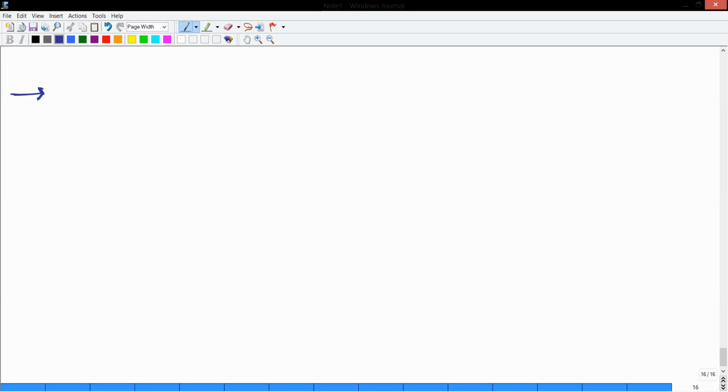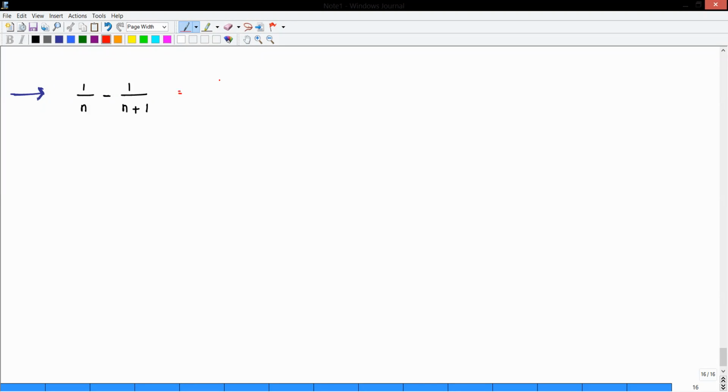Now you do the same thing with 1 by n minus 1. Let's take it like this. 1 by n minus 1 by n plus 1.